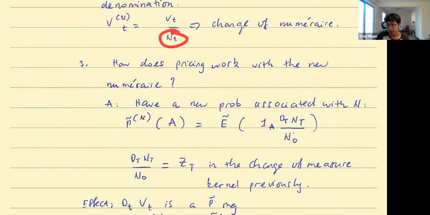Well, N is N. N doesn't have to have a discount in it, but it doesn't hurt if you divide it like this, so you can include a discounting factor in there too.